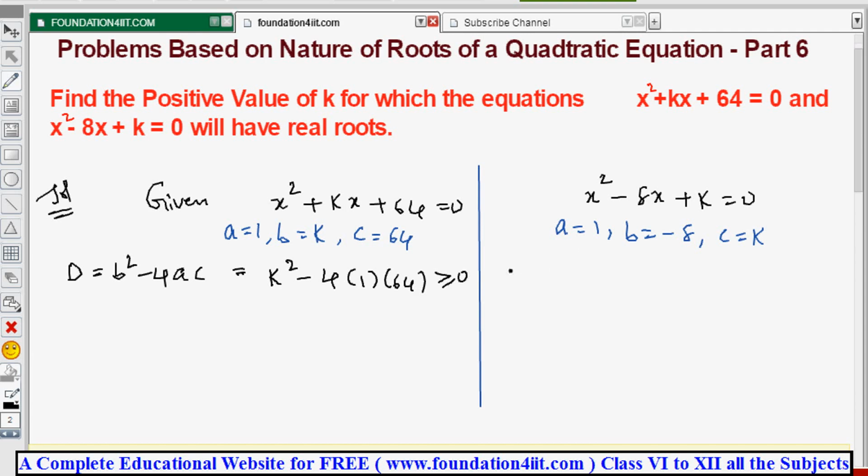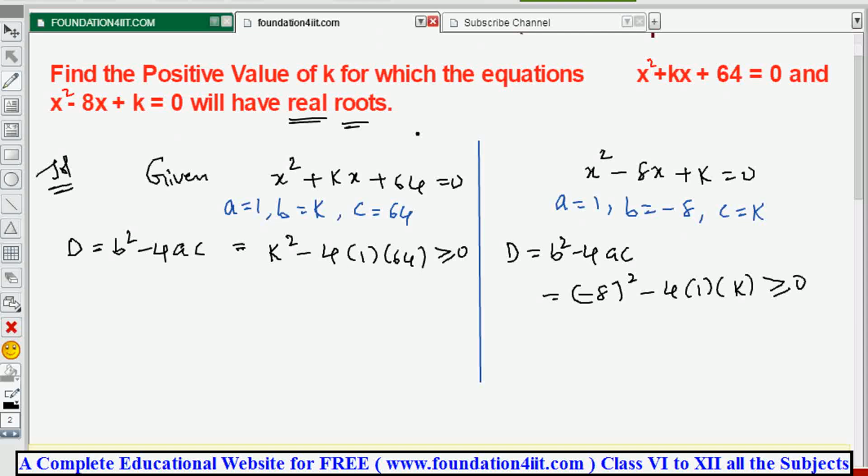For the second, the discriminant is minus 8 whole square minus 4 into a into c, where c is k. This is also greater than or equal to 0 because they mention real roots for both. If it is real roots, just directly take greater than or equal to 0; if it is equal, the roots are equal.